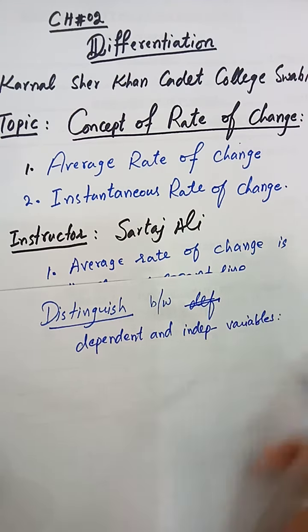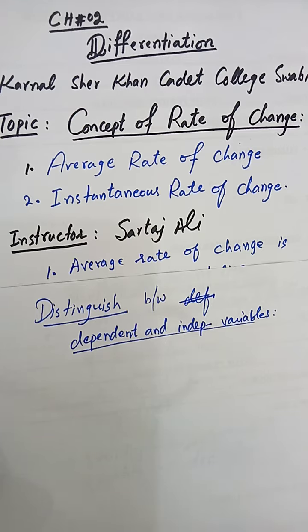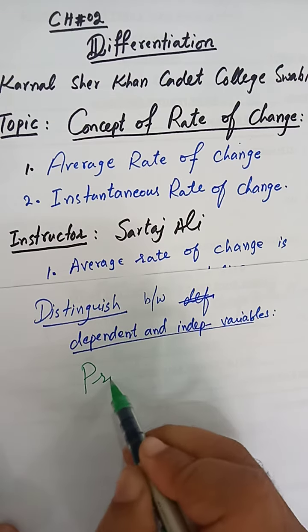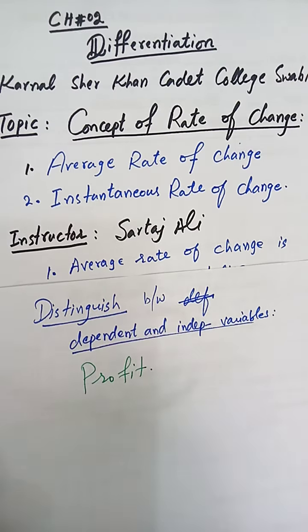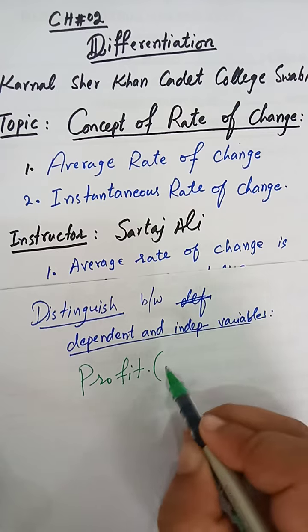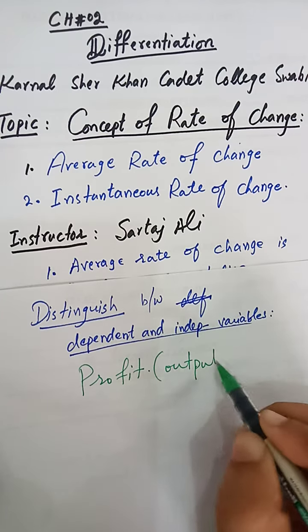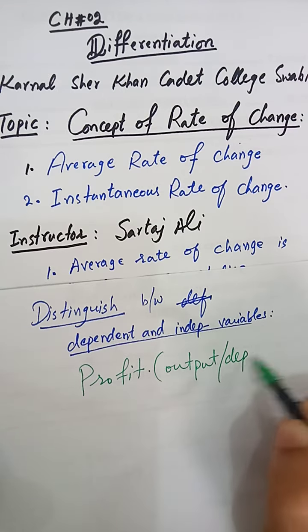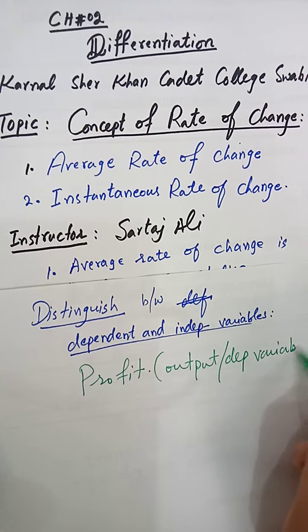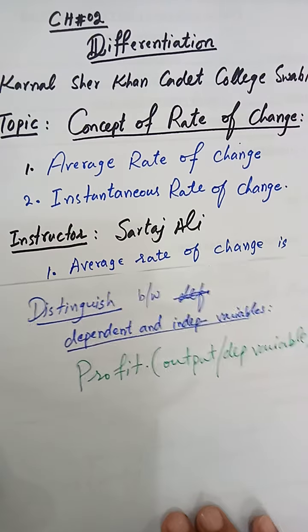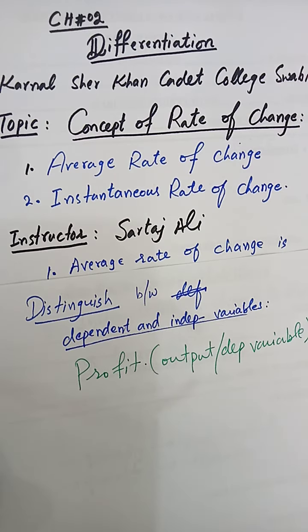So if I consider a real world problem, a real life situation in which a person in business wants to know how profit, that is the output or dependent variable, changes with respect to advertising or advertisement.